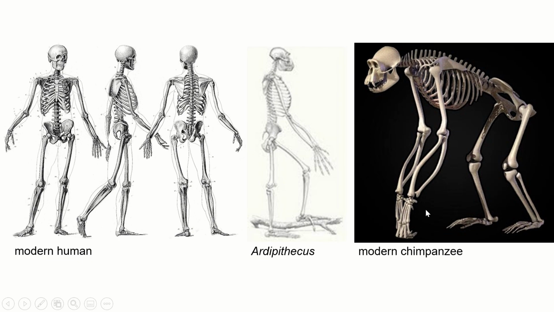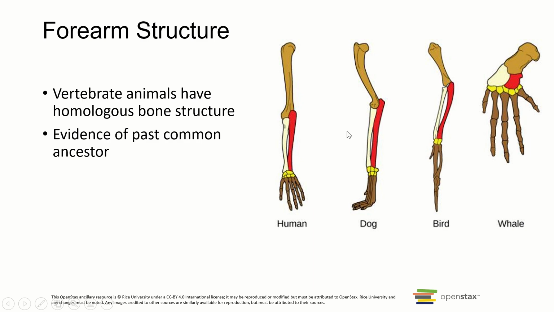All right. So again, we see these homologies in the bone structure of all of these. Okay, so to look more closely at the forearm structure, the coloring here shows you the different bones: the humerus, radius, ulna, carpals, metacarpals, and phalanges.